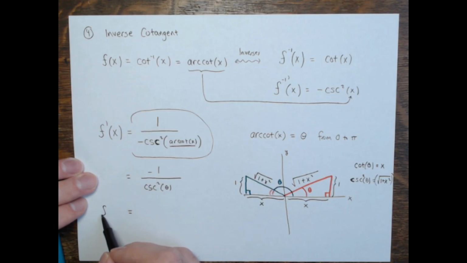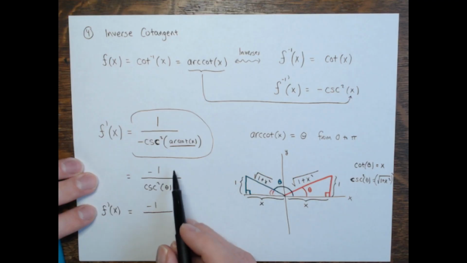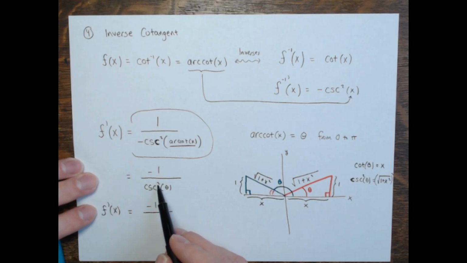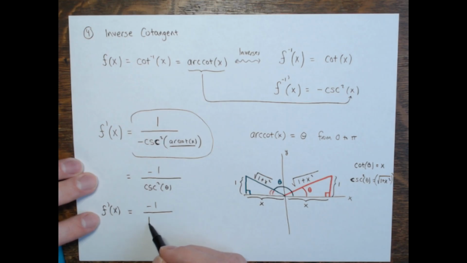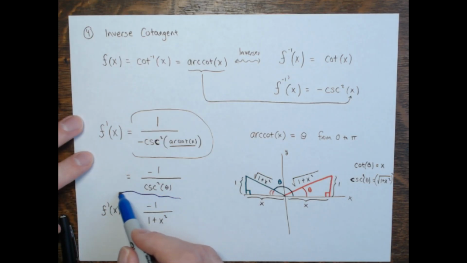So when all's said and done, the derivative of the inverse cotangent function is now -1 in the numerator, and then this cosecant of the inverse cotangent squared is just 1 plus x squared in the denominator, or x squared plus 1. So I'll bubble that in.